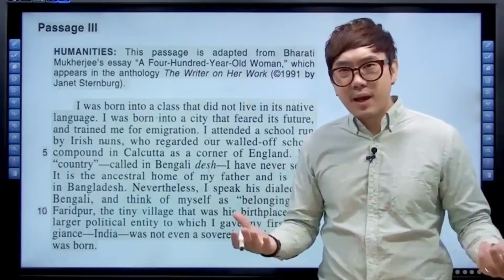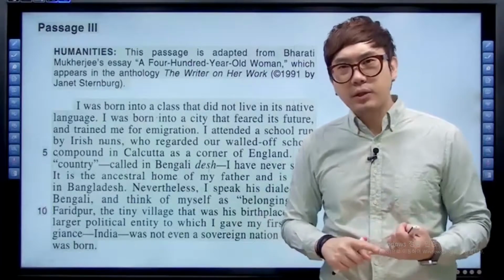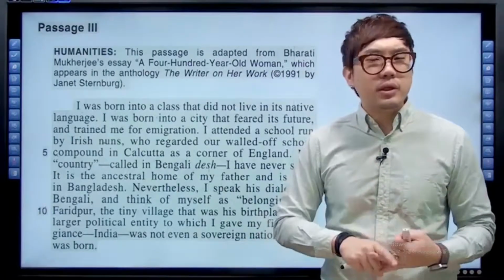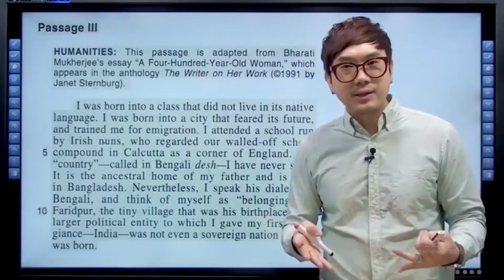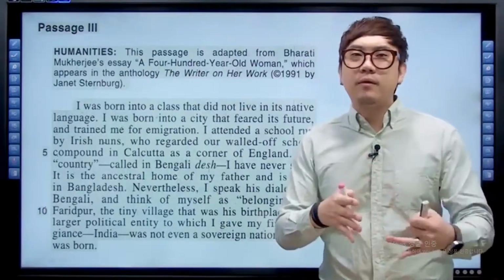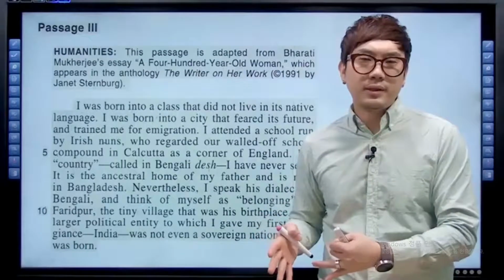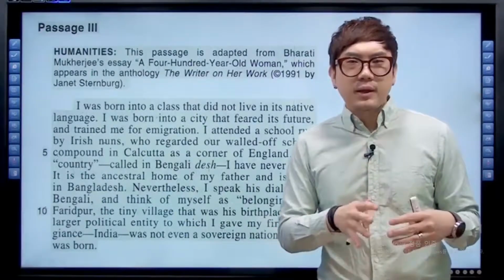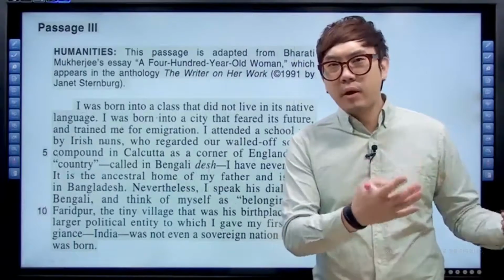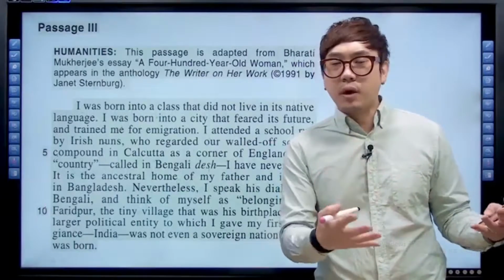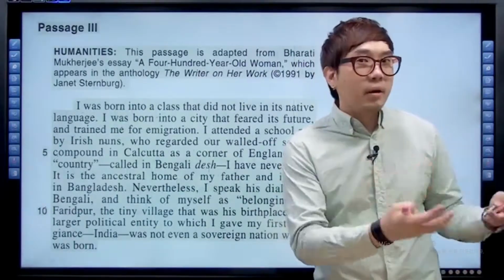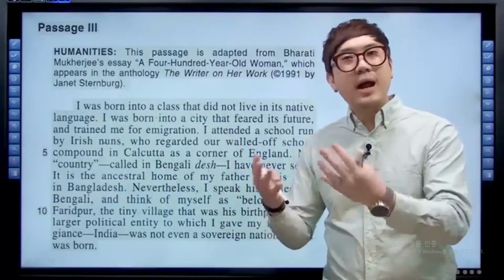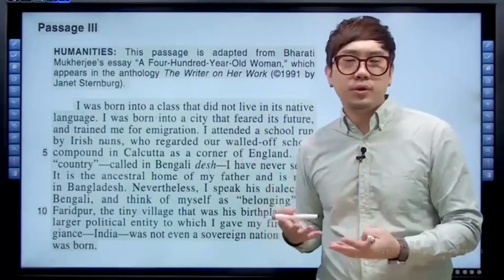For example, humanities could deal with anthropology, the study of human beings and their lineages, and it could deal with social sciences, but in a deeper manner. If the social sciences deal with, say, an American issue, because we're talking about society, humanities will deal more with international or global issues.